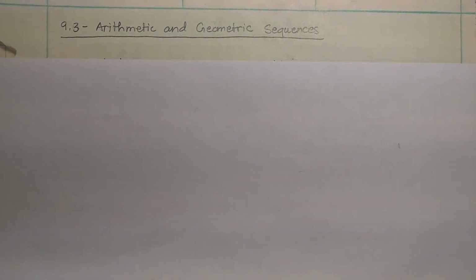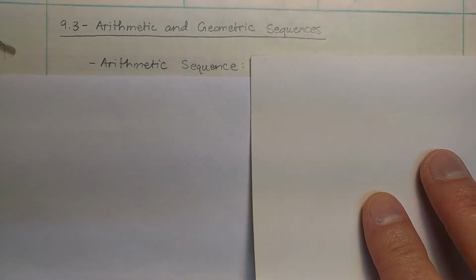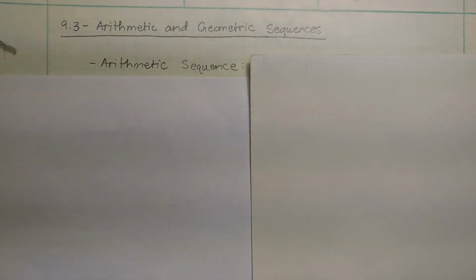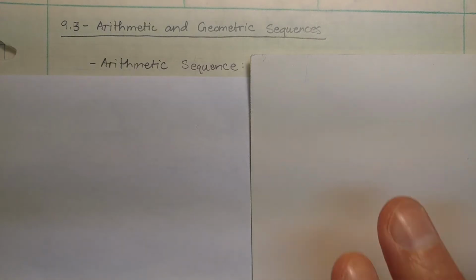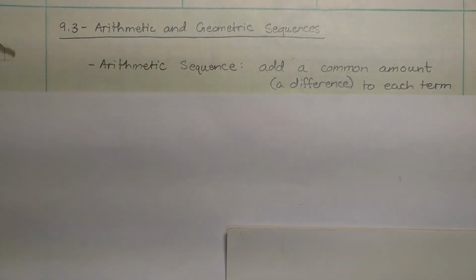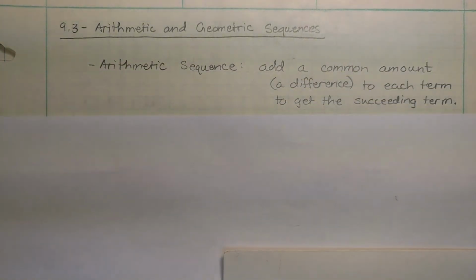The first thing we're going to look at is what is an arithmetic sequence. Essentially, an arithmetic sequence is one where we add a common amount, which we call a difference, to each term to get the succeeding term. So in other words, we add 5 halves each time, or we add 2 each time, or we add -3 each time.